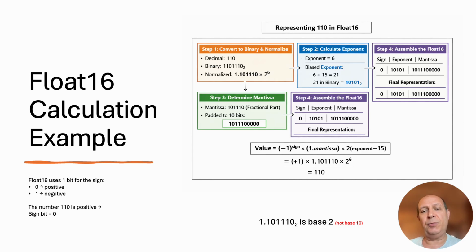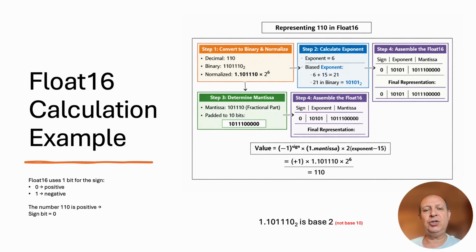The normalization process is about creating a fraction part from the binary representation. So the binary is 11011110, correct? So when we normalize it, we take only one number on the most left-hand side, and then everything else on the right of it becomes the fraction side of the number.